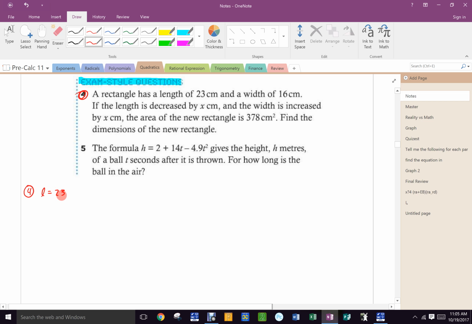Length equals 23, width equals 16, yes? If the length is decreased by x, what is decrease, Julia? Add, subtract, multiply, or divide? Subtract. So 23 minus x, and the width is increased by x, so 16 plus x. I did that backwards. The area is length times width equals 378.